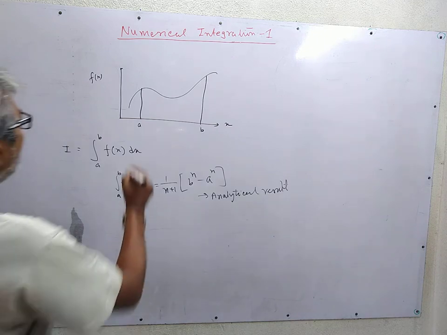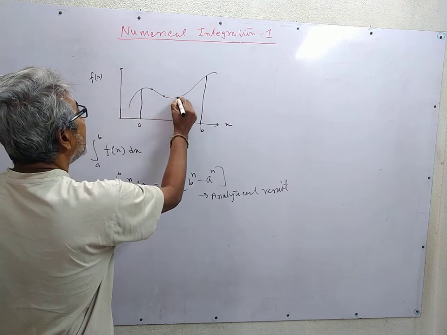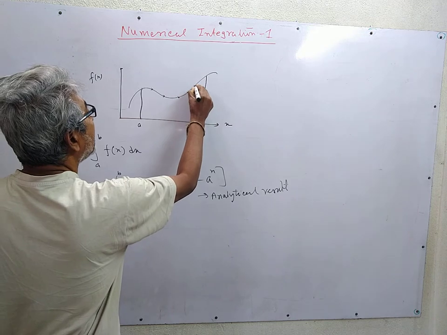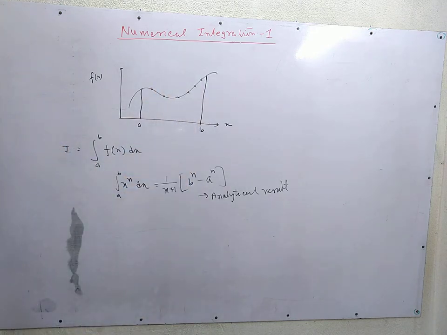That is to say, we are only provided with a few data points. Then how to calculate the value of the integration between a and b? These are the problems of numerical integration.